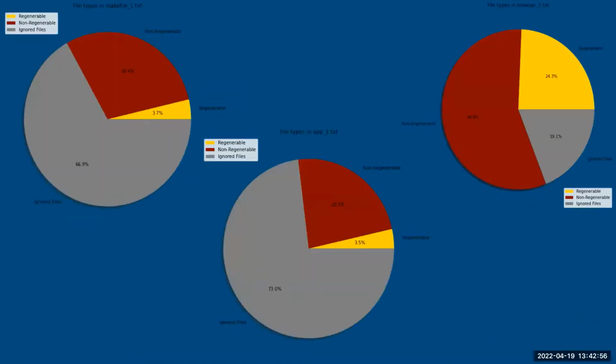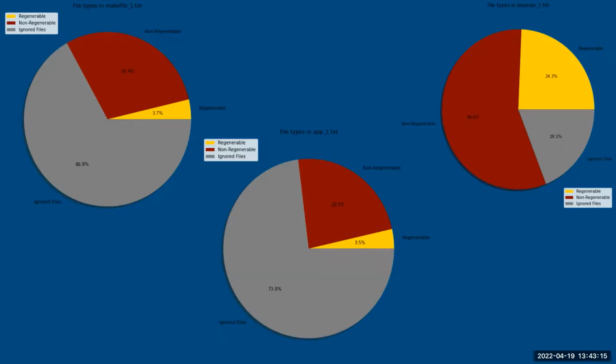And then these are pie charts that contain the distribution of ignored files, regenerable and non-regenerable files from the traces. They are samples taken from the first 3 straces that we used in the earlier slides.